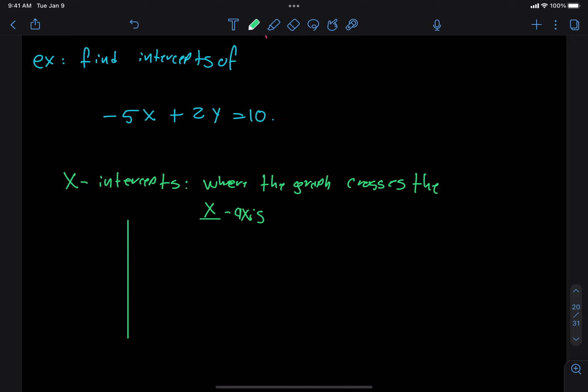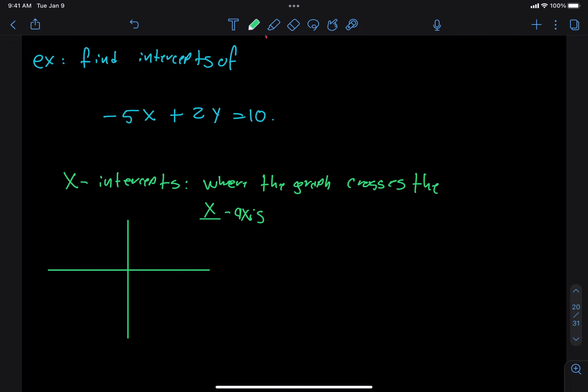Now, if I cross the x-axis, what is the form of my point going to be? Okay, the question is too vague. What do I know is the same for every point on the x-axis? The y value is 0.